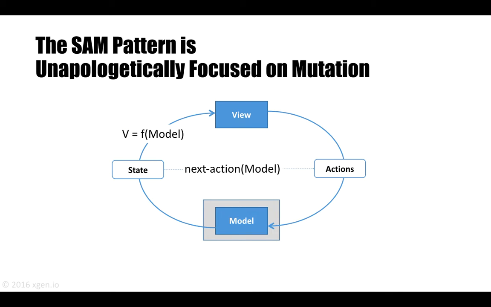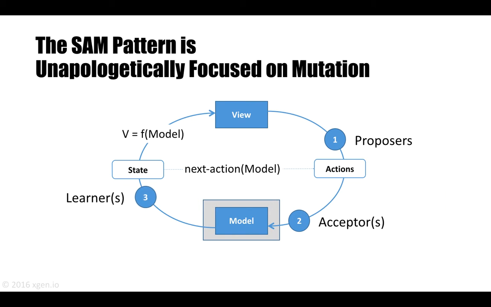So with SAM, actions are proposers, models are acceptors, and the state function, which is somewhat of a new concept that's not very common in modern frameworks, is a learner. And this terminology, proposer, acceptor, and learner, is coming from Paxos, the Paxos protocol, that was also created by Dr. Lamport.